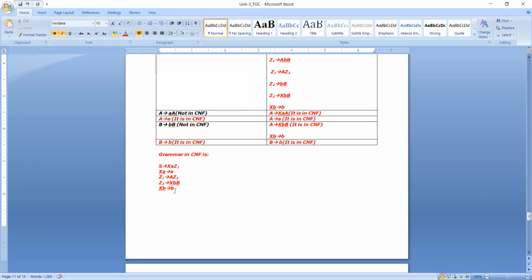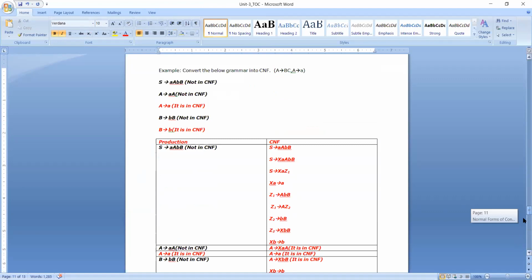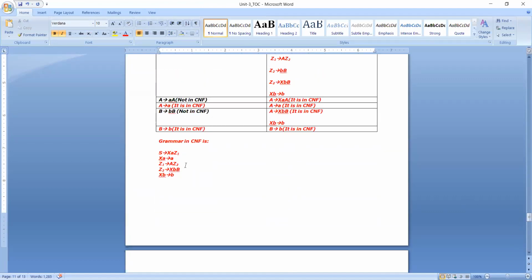Now if you have any doubt, just substitute all the productions. Finally you will get a production like S derives to small a capital A, small b capital B. You can check it out.